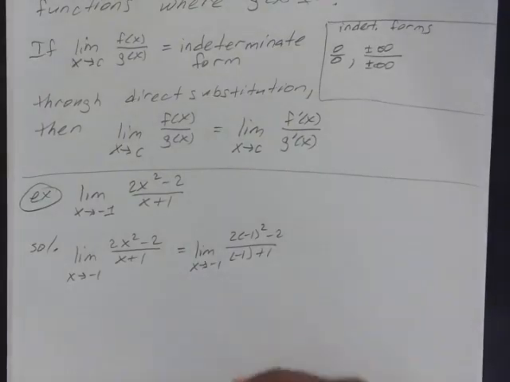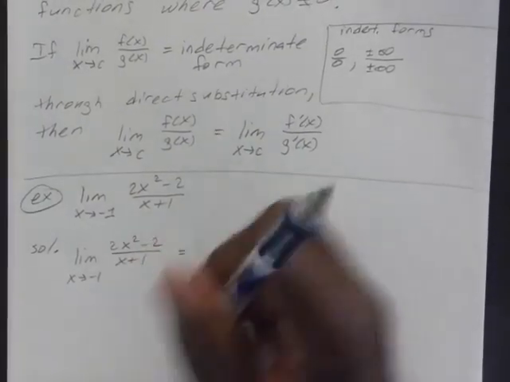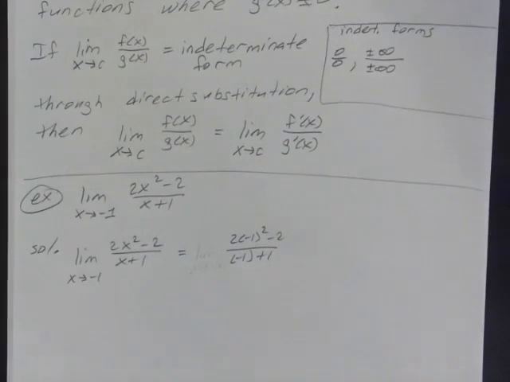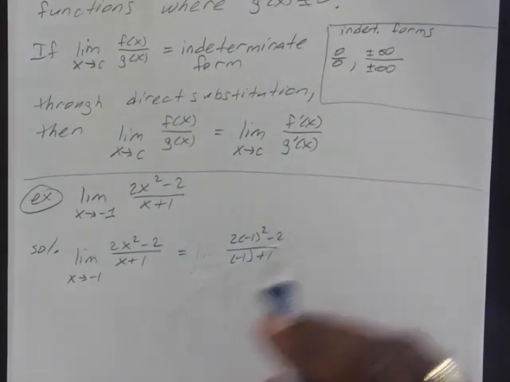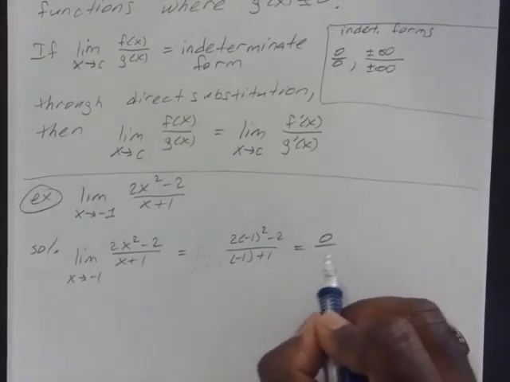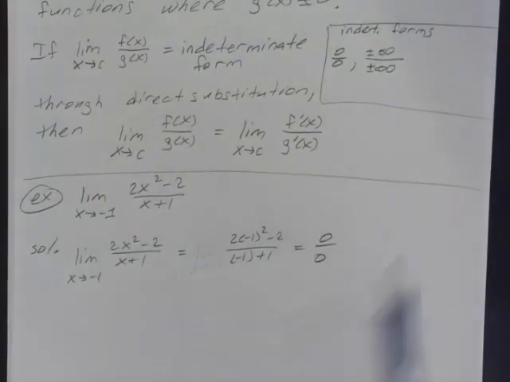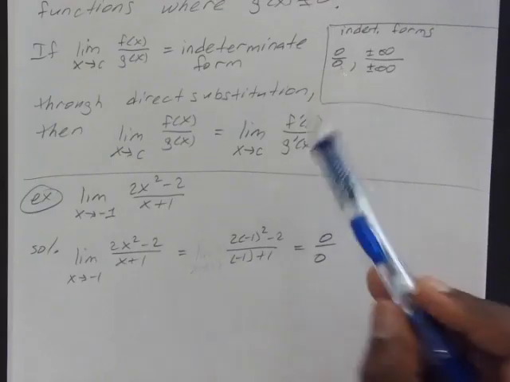So actually, we don't need the limit once we use direct substitution. That just gives us 0 divided by 0, which is one of the indeterminate forms.